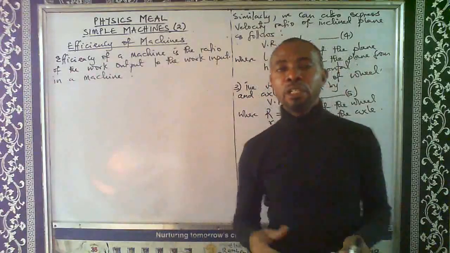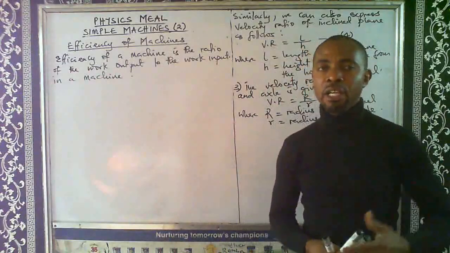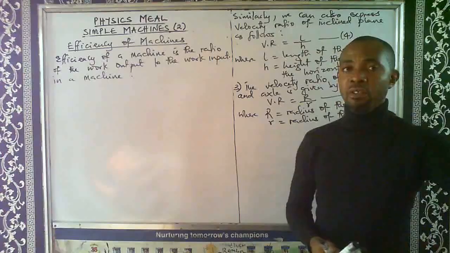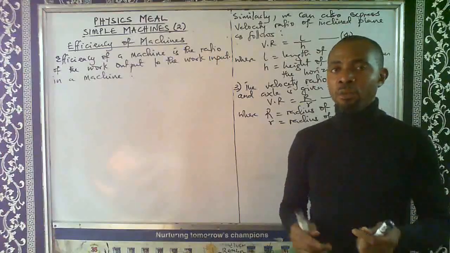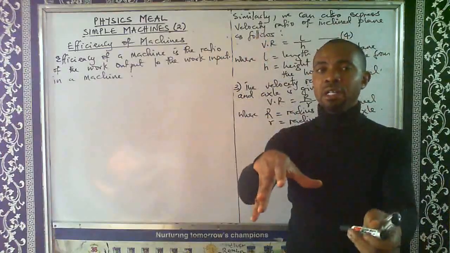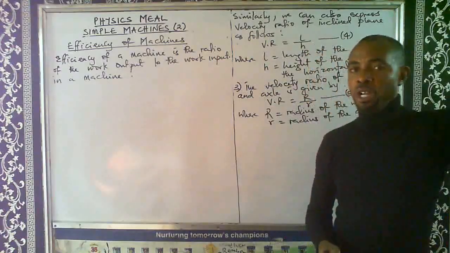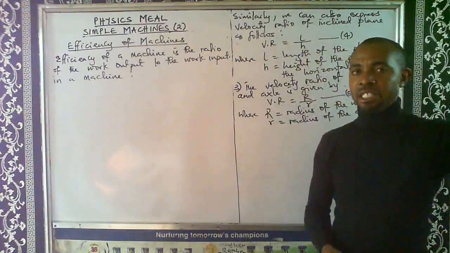Now you need to actually apply effort for the machine to deliver work. So by application of effort, you are putting work into the machine. Then the machine will do work. You see that's the output.